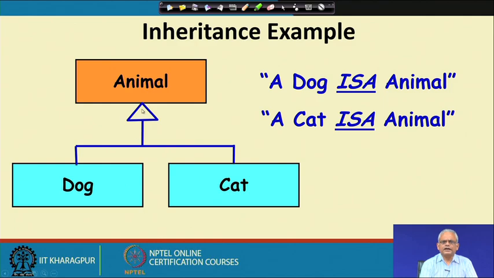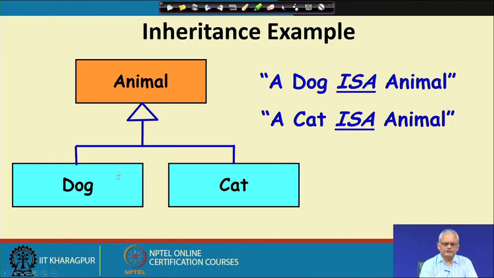A dog is an animal, a cat is an animal. We have underlined the "is a" here to denote that sometimes the inheritance relation is also called the is-a relation. Animals, we know, have some characteristics: they are living, they take food, they die, etc., and those characteristics are all shared by the different animals.